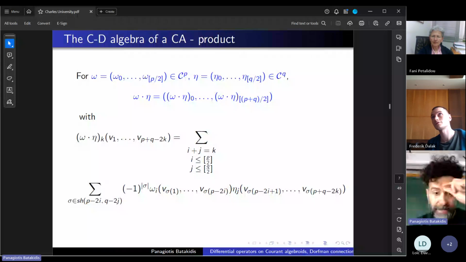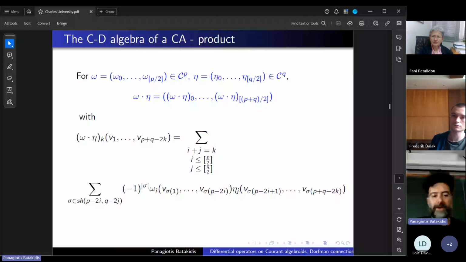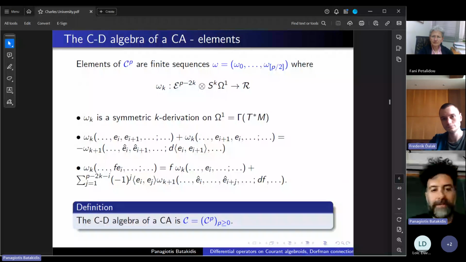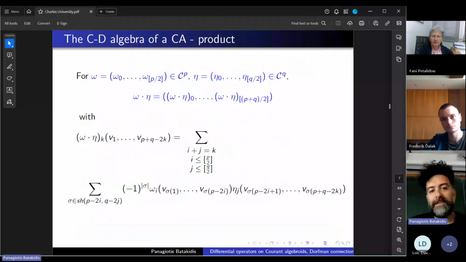Okay, so I was saying that we saw a little bit what the elements of this algebra have to look like. What does the product of this algebra look like? If you take an element in this C^p and an element in this C^q, the product of them will be again a finite sequence with the right length.